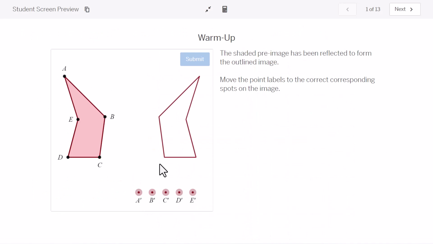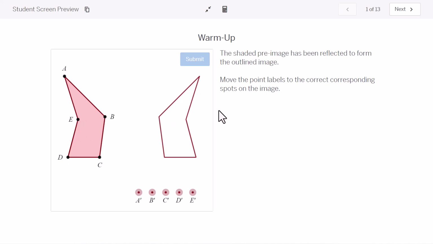To get started, we're going to look at a more formal way to name the points that make up the vertices of an image. Here I've got a pre-image with its vertices A, B, C, D, and E. So this shaded pre-image has been reflected to form this image.